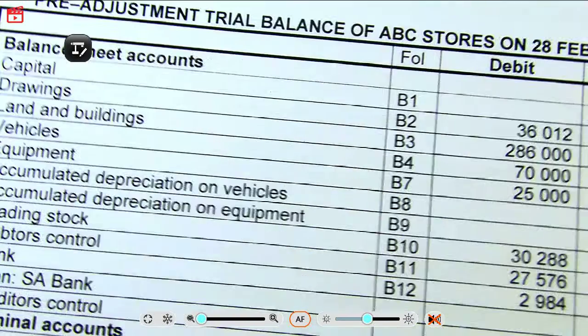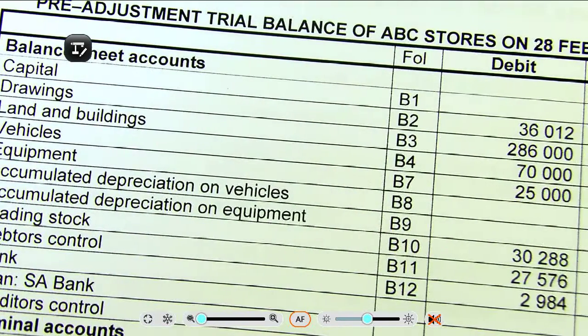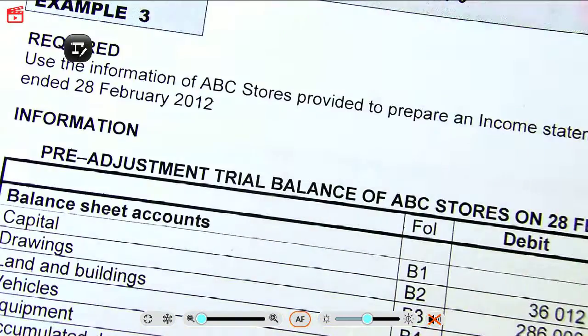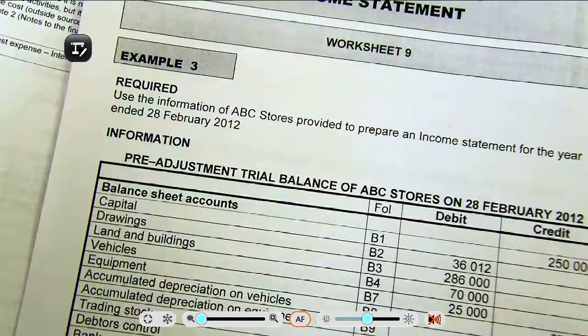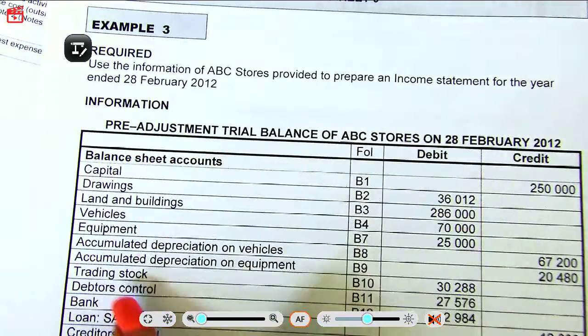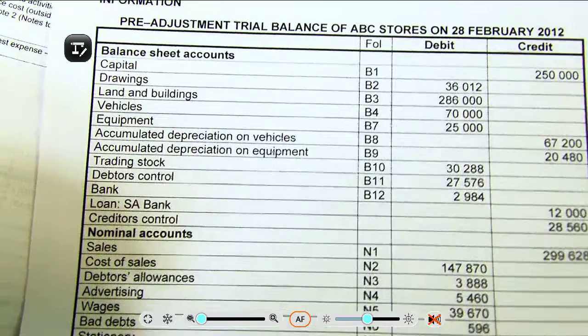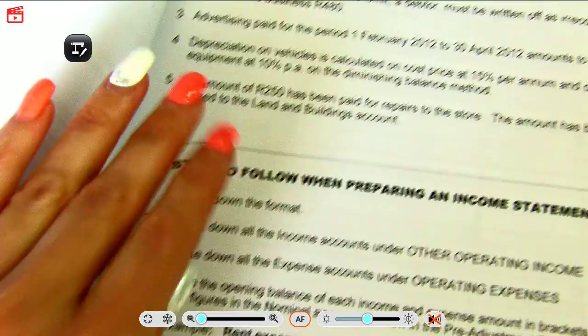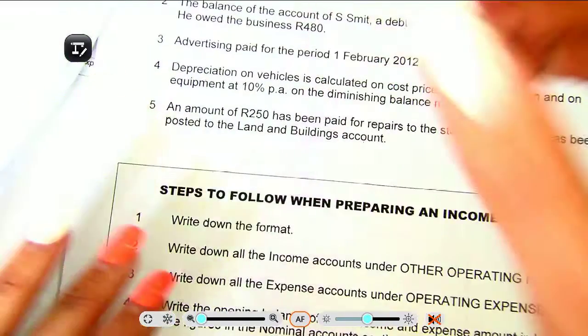Lesson 10, I'm going to have to wrap this up soon. Lesson 10 gives us an example, and it gives us information, a pre-adjusted trial balance with some numbers, turnover, then it's got adjustments.